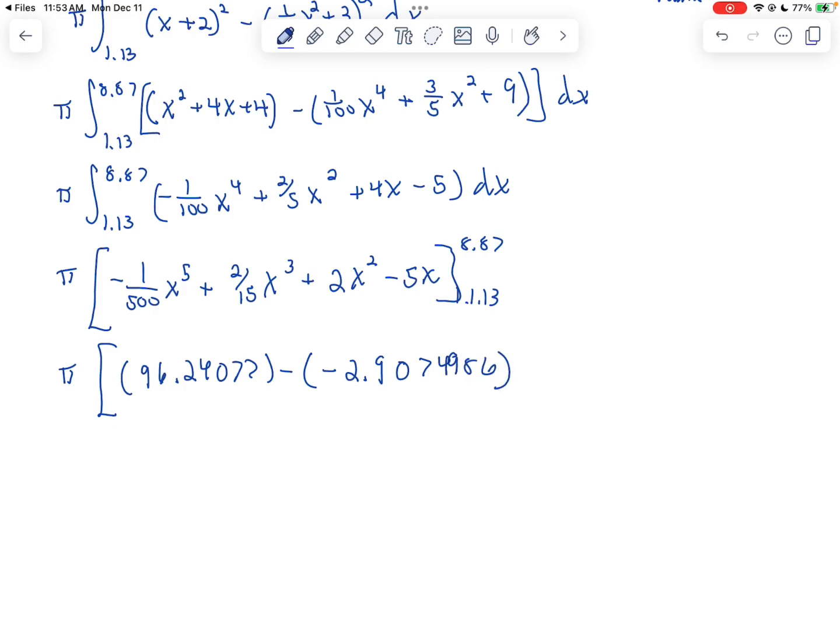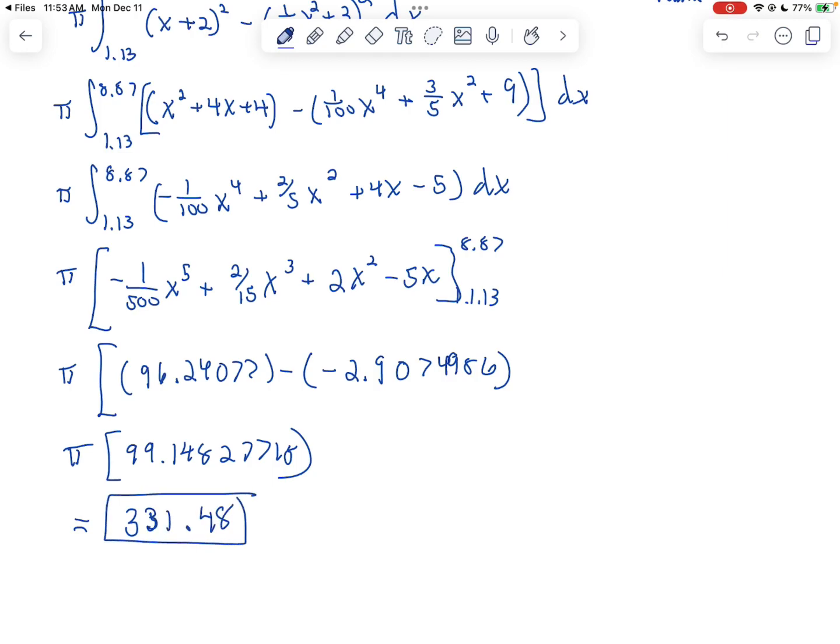Subtracting those two terms, I end up with pi times 99.148. And then multiplying by pi, your final answer for the volume of this shape is 331.48. And that's how we do the washer method.